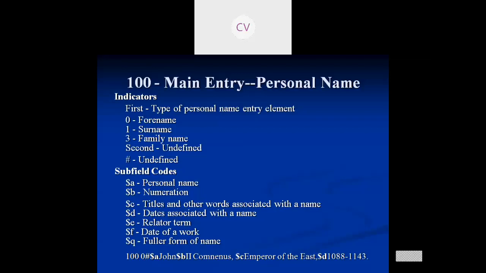The name element, as we know, consists of 2 components: one is the entry element, another one is the secondary element. So here we have to indicate what is the type of personal name entry element. 0 is forename, 1 is surname, 3 is family name.